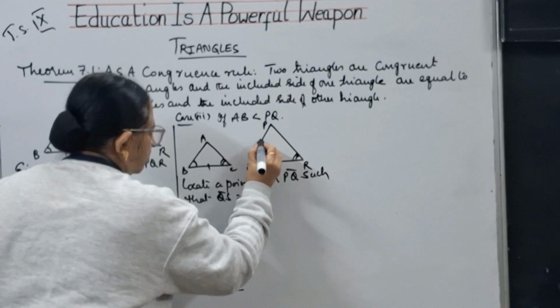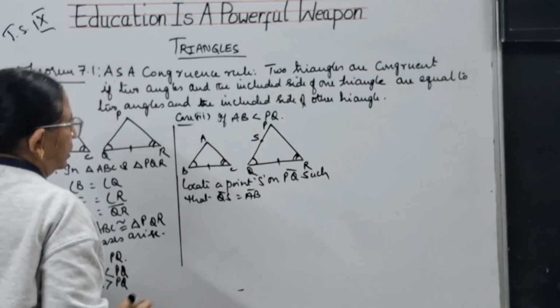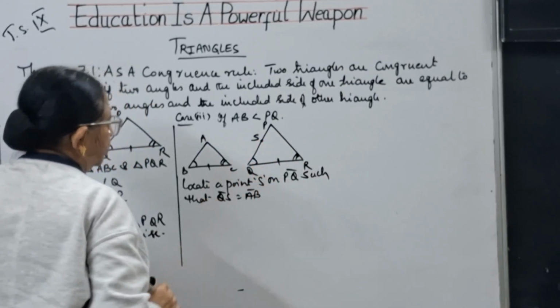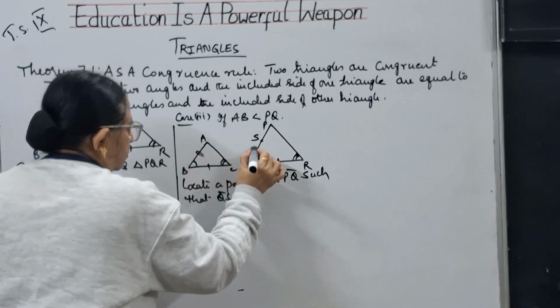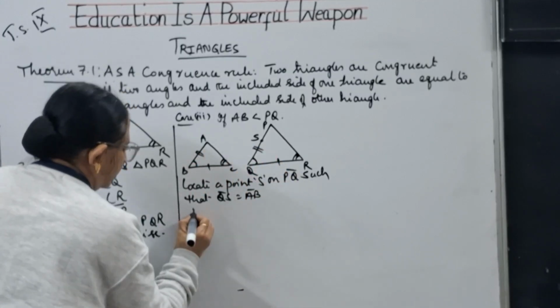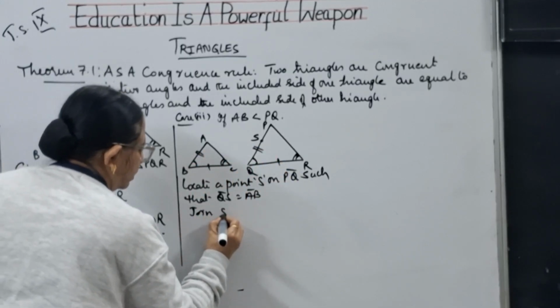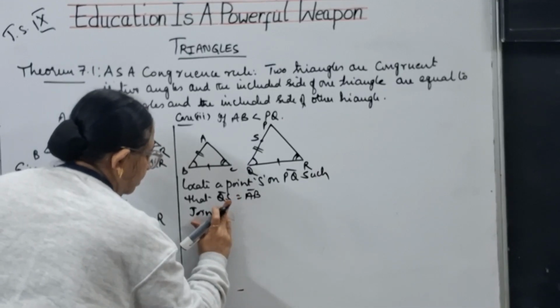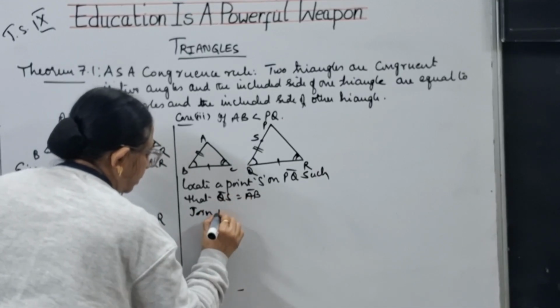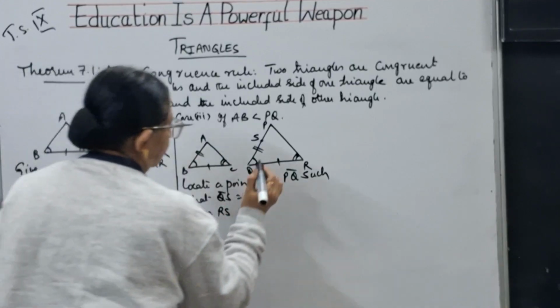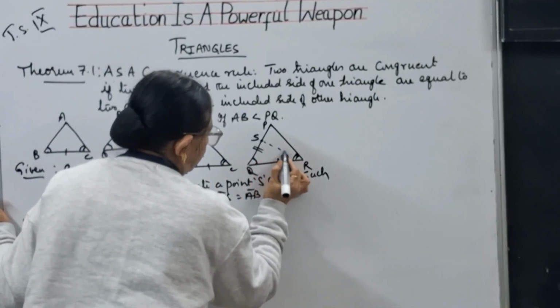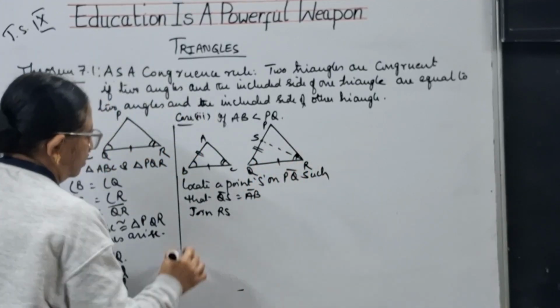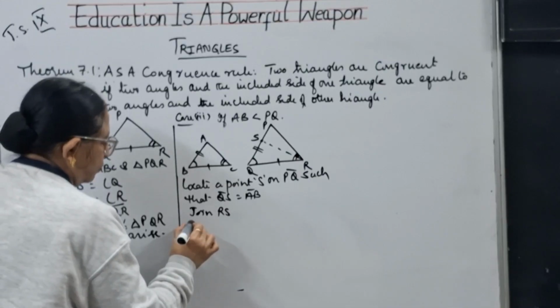So you are locating a point S on PQ in such a way that AB is equal to QS, and you have to join RS. Join R and S. So if you join R and S, now we are getting two triangles.